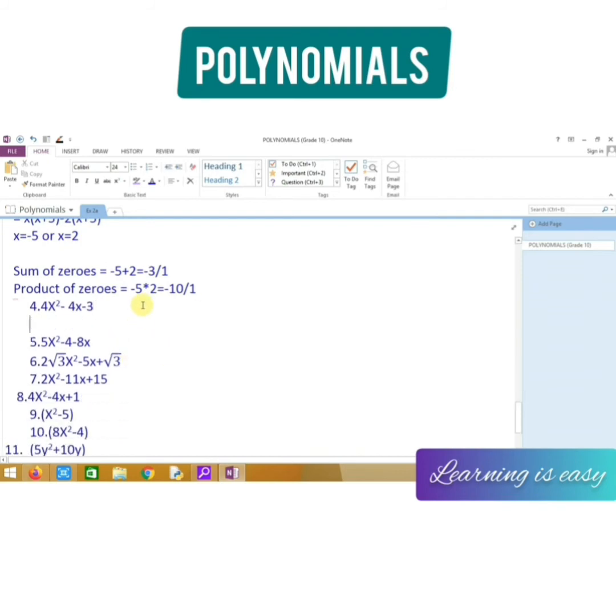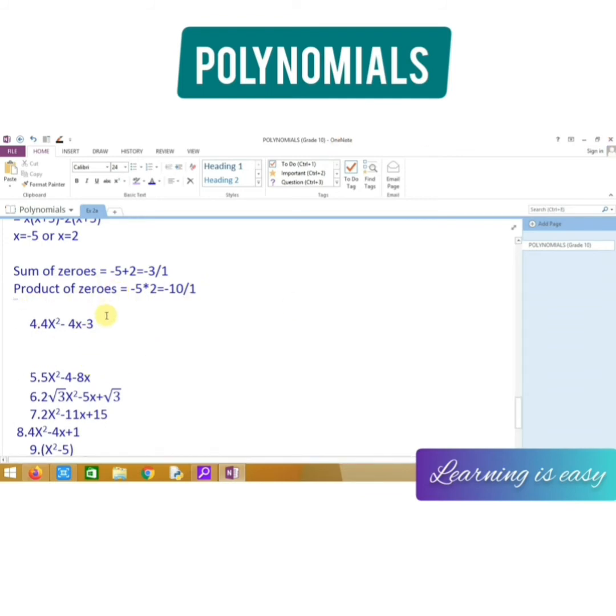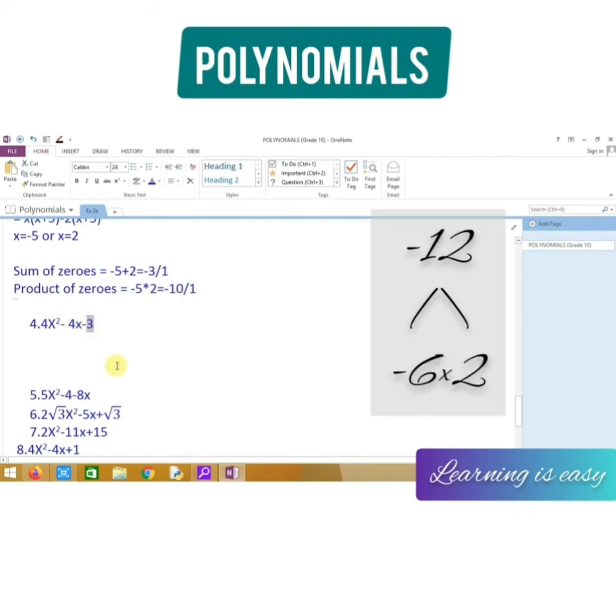Next question 4. 4x squared minus 4x minus 3. So there is a coefficient for x squared, which needs to be multiplied by the constant to factorize it. So 4 into 3 is minus 12. Minus 12 can be written as minus 6 into 2.